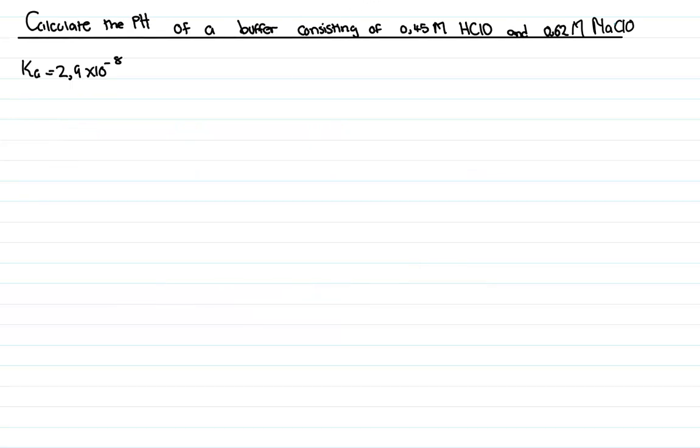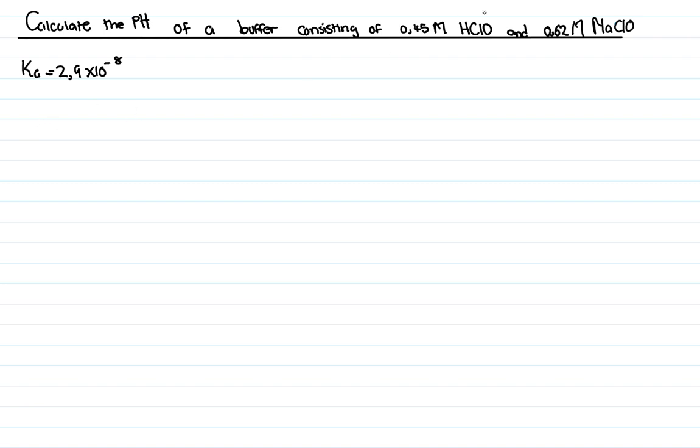Okay, so we need to calculate the pH of a buffer consisting of 0.45 molar of hypochlorous acid and 0.62 molar of sodium hypochlorite. So we're given the Ka over there. So what we're going to do first is to write the reaction equation.